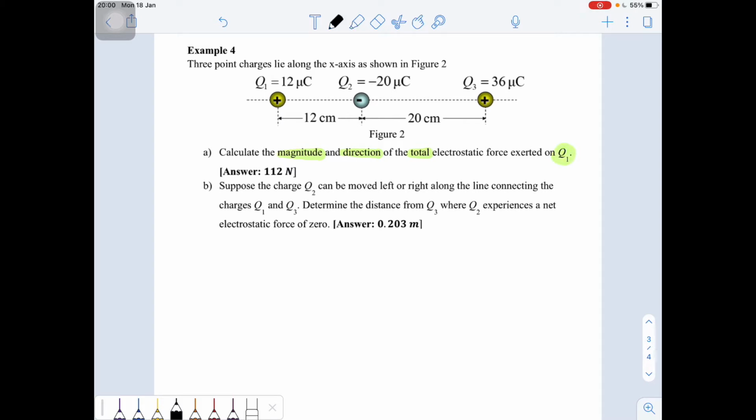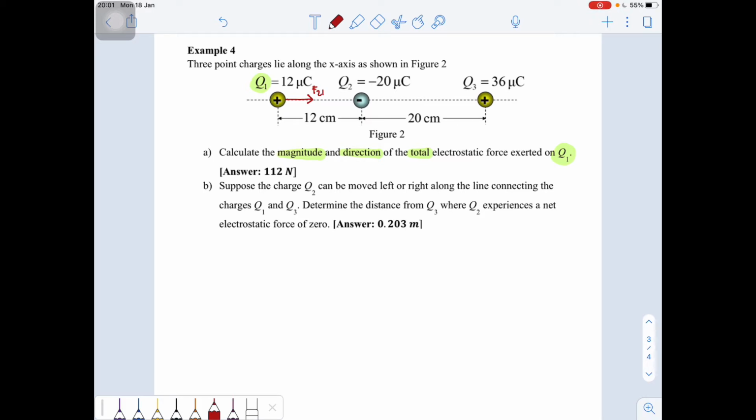So we want to find the total force on Q1. First of all, we will sketch the direction of the force. Q1 and Q2, positive and negative, they will attract. So there will be force going towards Q2, which is F21, because one is positive and one is negative.